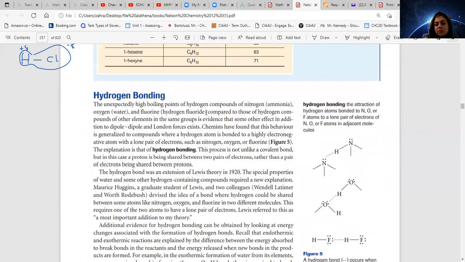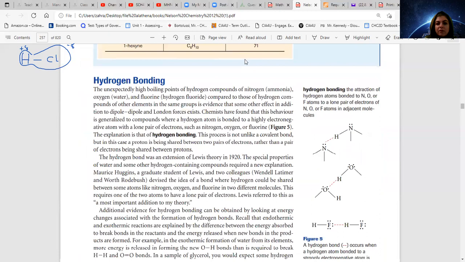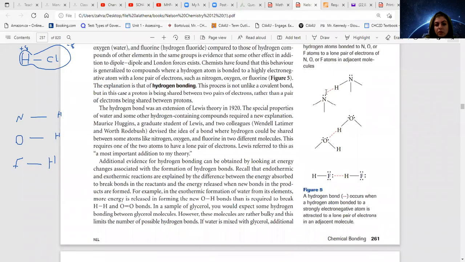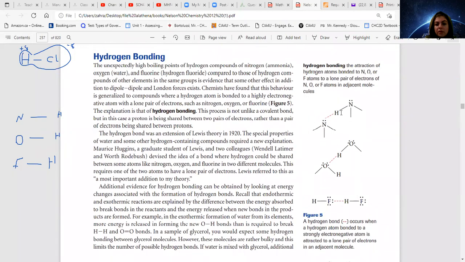So, hydrogen bonding. For hydrogen bonding, when you have nitrogen, oxygen, and fluorine, these three bonded with hydrogen, then you have hydrogen bonding. I'm going to give you an example here. Like NH3.